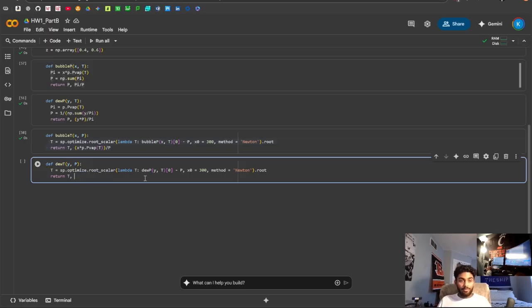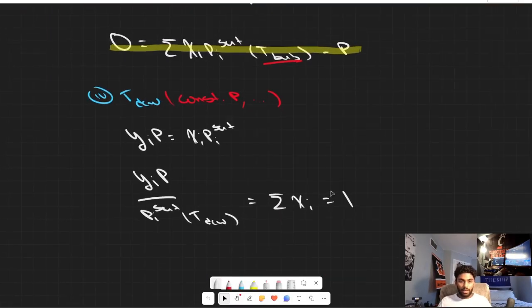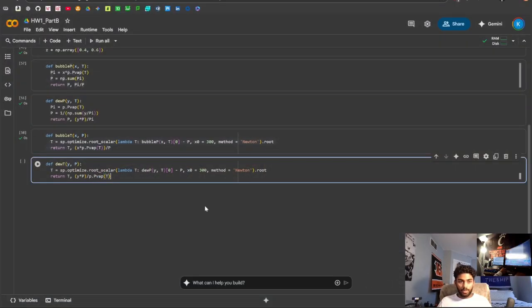And this time our return for our liquid phase mole fractions is going to look like y times P over P dot P vap of T. All right, and that makes sense. That's how we have it here. So this should be all right. Just do a quick double check here.